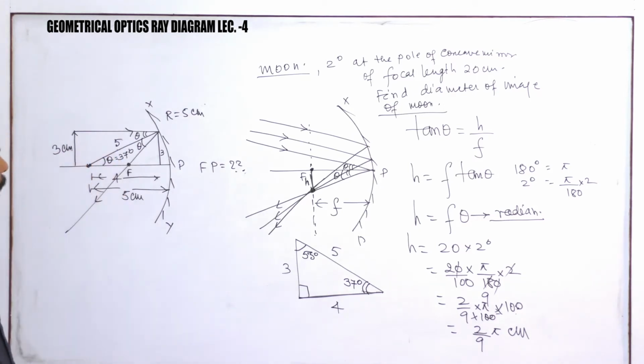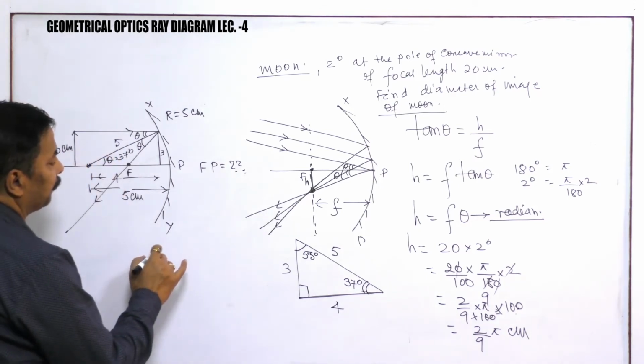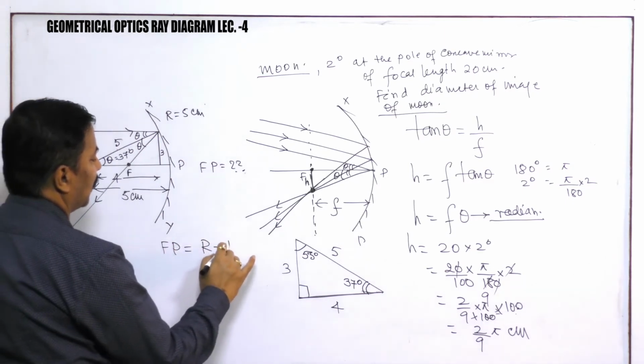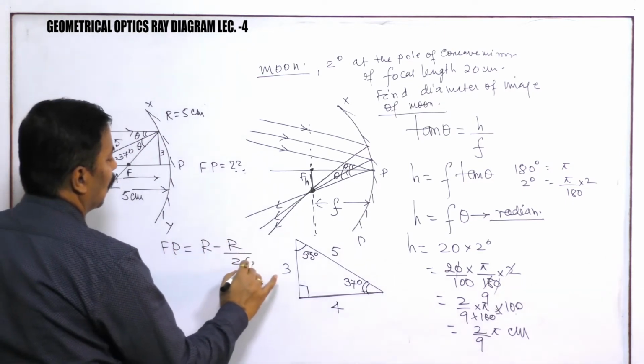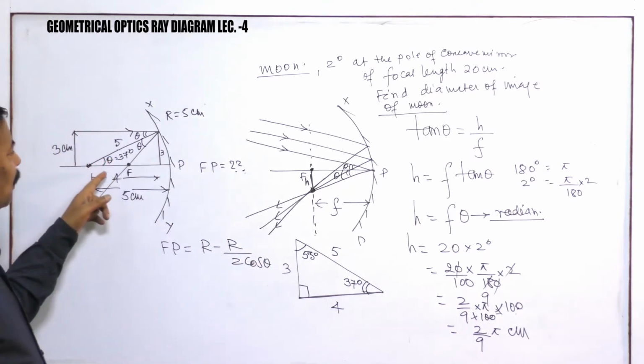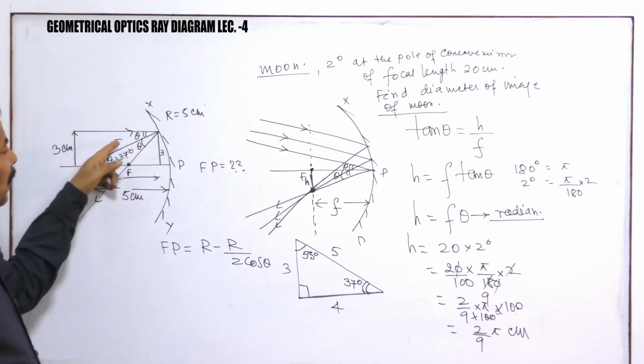Now if we want to use the formula FP is equal to R minus R by 2 cos theta, then what will be the value of cos theta? Cos theta will be 4 by 5.